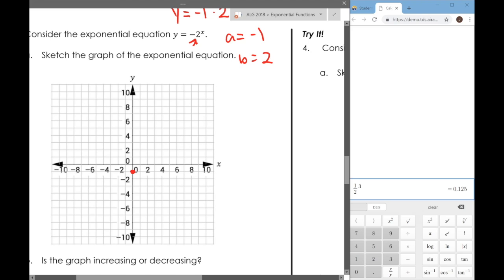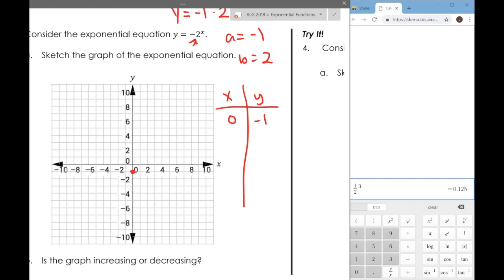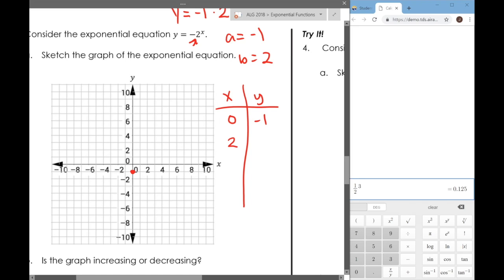Okay, so now I do my x and my y's, and your first point again was 0, -1. Now on this one, I'm going to do 2 positives and 1 negative this time. So we'll use 2, we'll use 3, and we'll use -2. Okay.